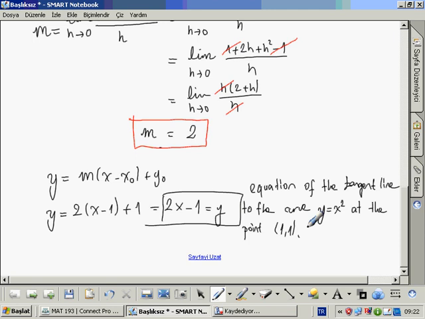Now let's talk about another function, which is x to the power of 2 over 3.